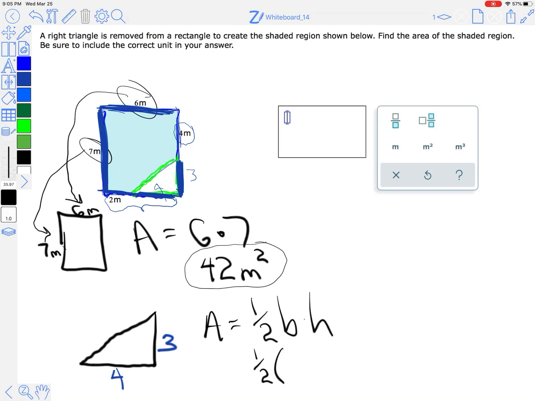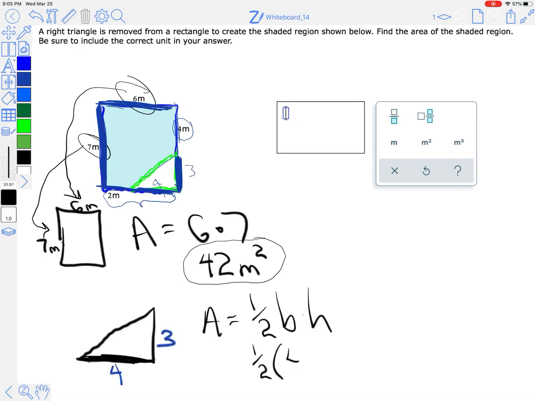So 1/2 times 4 for my base times my height of 3. Half of 4, I think we all know that, 2. And then 2 times 3 gives me 6. Units are meters squared.